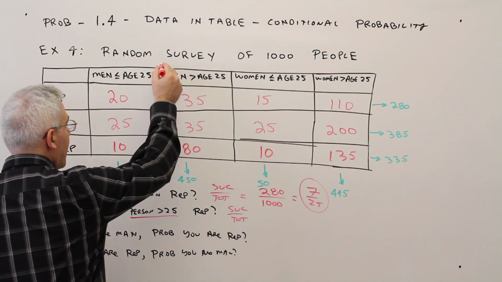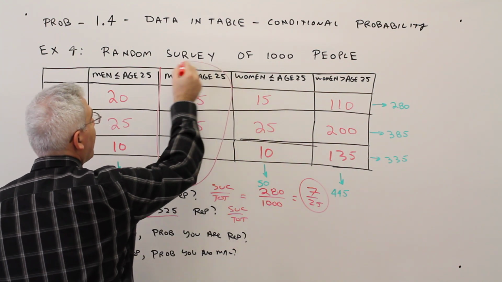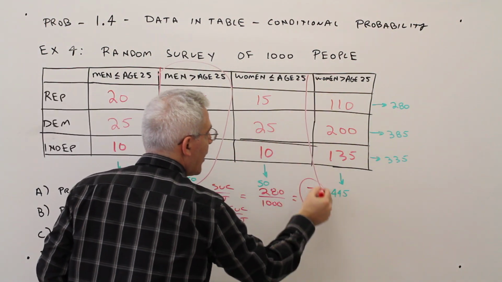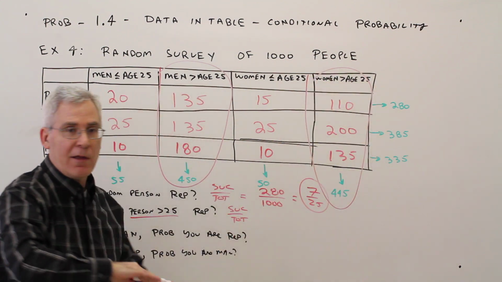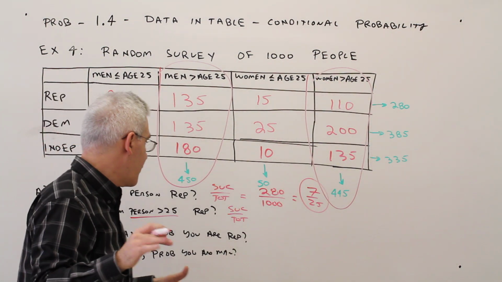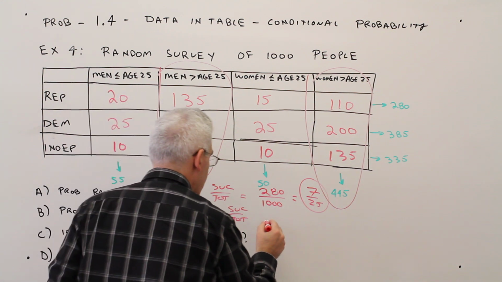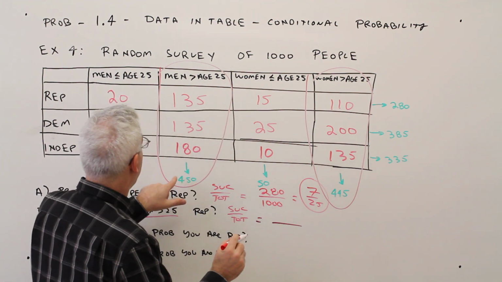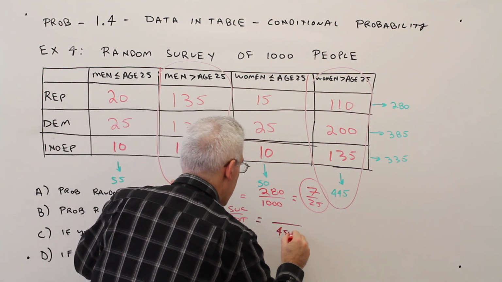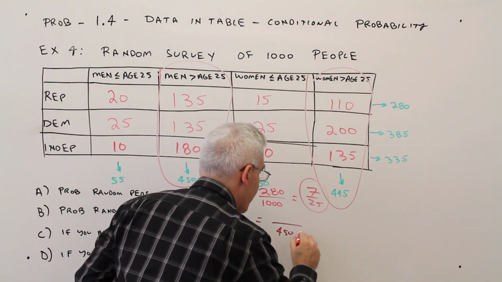Here's people over 25, and here's people over 25. That's my total sample space. I'll do the denominator first: these 450 plus these 445.